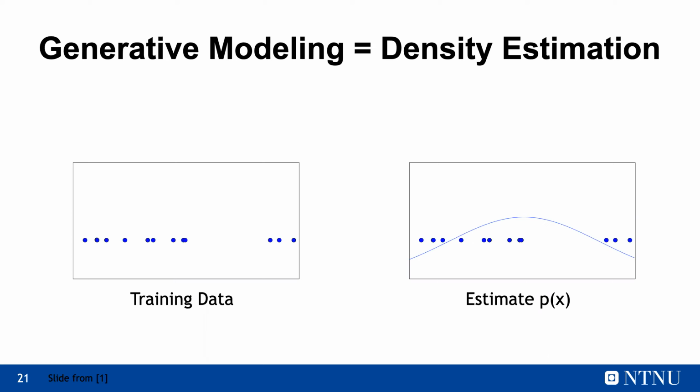And if you're able to estimate this distribution or this density, you should be able to, first of all, sample from it, but you should also be able to evaluate samples. So by evaluating samples, I mean, given a training sample, what is the probability that this is one existing in your training distribution?